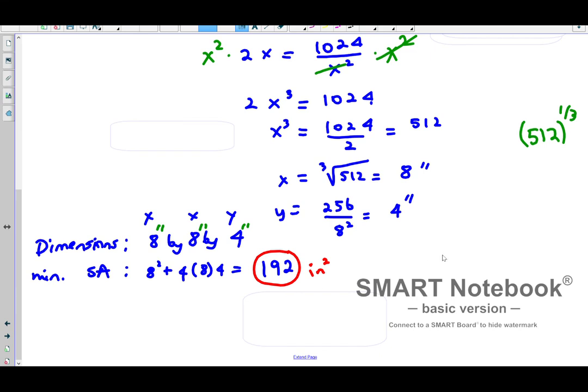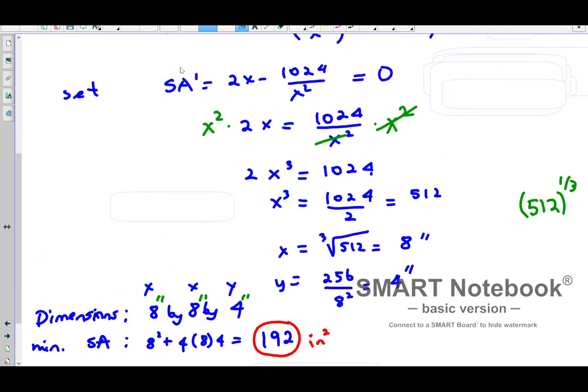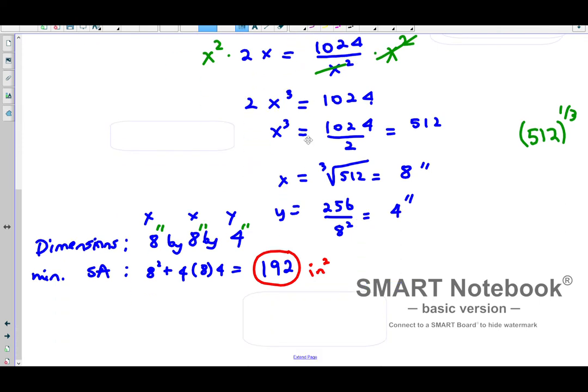If you want to check it, you could go back here, take the derivative of surface area prime to get SA double prime, and then you could plug in there, and you're going to find that SA double prime is positive, meaning that it's concave up, meaning that at that point, indeed, we do have a minimum. Okay, so I hope you were able to follow this question.